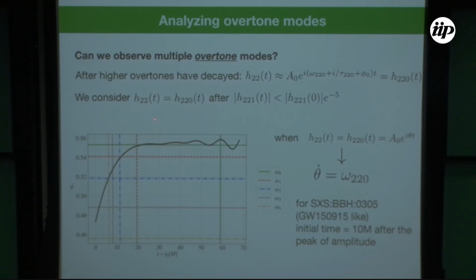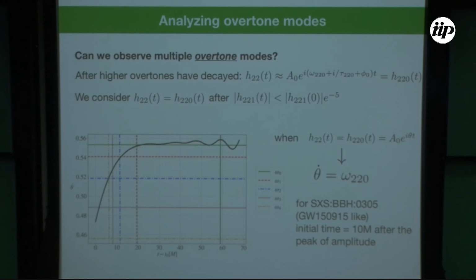And we're going to set this time to be the time at which the first overtone has decayed to less than 1% of its initial amplitude, so when the first overtone has decayed 5 time scales. This red vertical line is this time, when the first overtone has decayed 5 time scales. This green curve is the value of the fundamental frequency of oscillation.